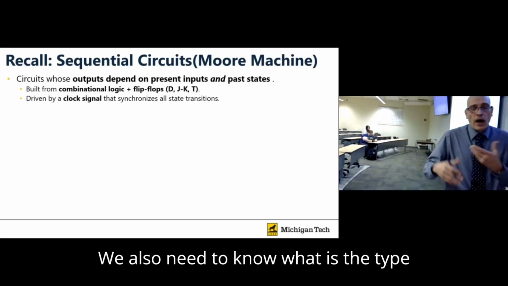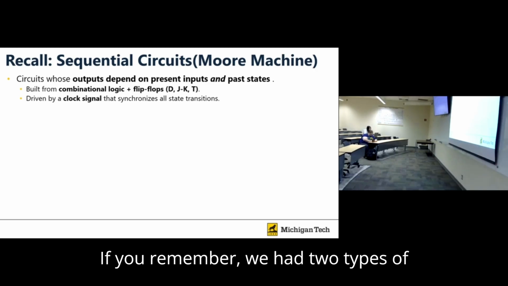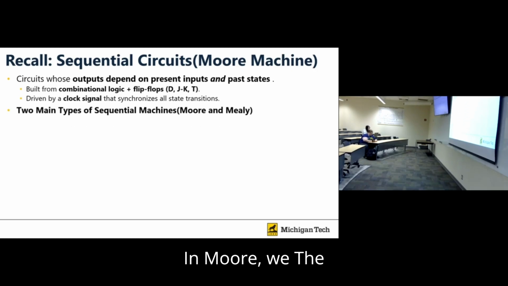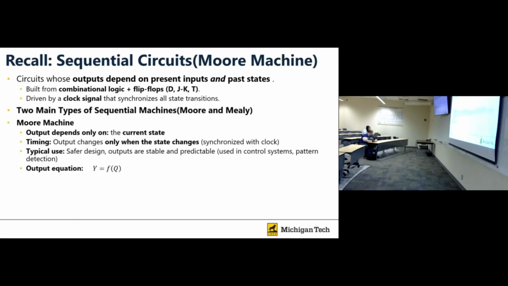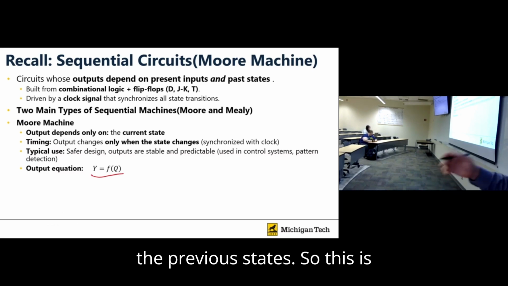We also need to know what type of sequential circuit you want to use. If you remember, we had 2 types of sequential circuits, Moore and Mealy. In Moore, the output actually is just a function of the previous states.